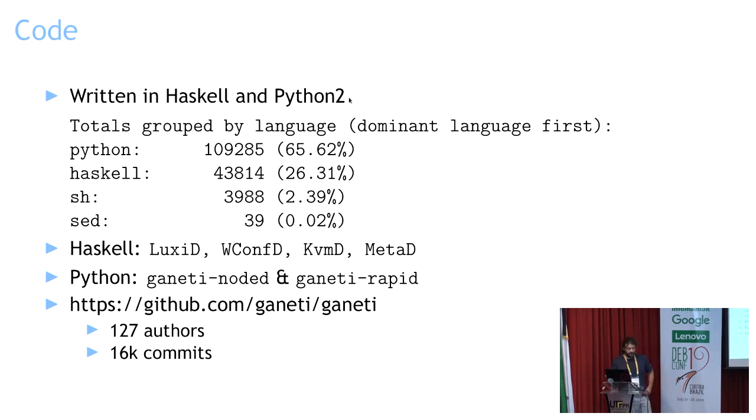We'll talk a bit about this later, but this has some very interesting side effects. So Ganeti node D, which is mentioned alongside Python there, is what runs on every node, and the Haskell daemons run basically on the master node, which takes care of controlling the cluster. According to the stats in GitHub, the current repository has 127 authors, and it weighs in at 16,000 commits. That's for the full 13-year history.